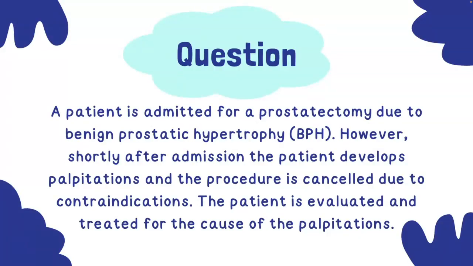So I'll just read this guideline real quick. When the original treatment plan isn't carried out, the condition that led to the need for the admission remains the principal diagnosis, even if the treatment was not provided due to unforeseen circumstances.